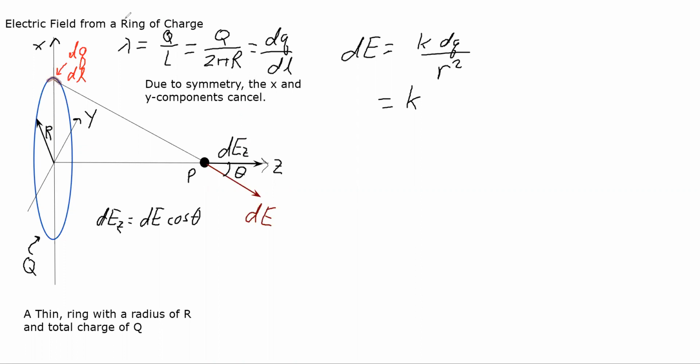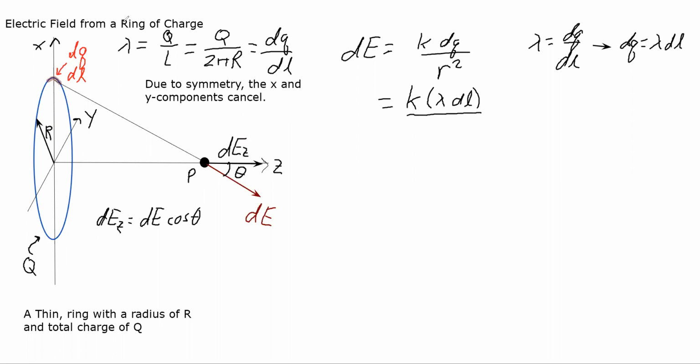We do the same trick we did last time: if we set lambda equals dq over dl, we can solve for dq and plug in lambda dl. Let me go a little slower in case you didn't see that. Lambda equals dq over dl, and all we're doing is rearranging that to be dq equals lambda dl.